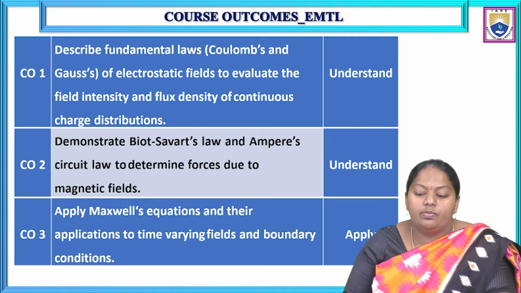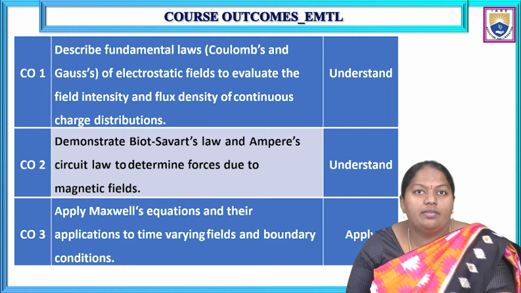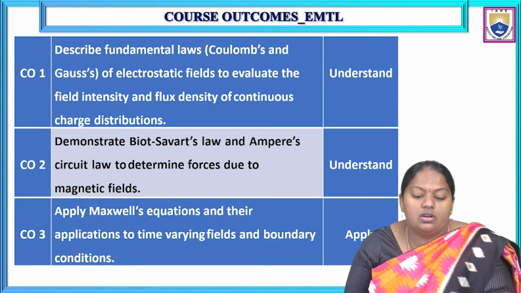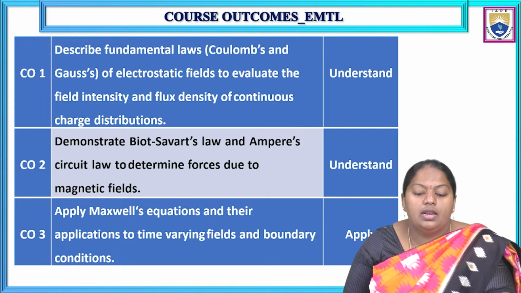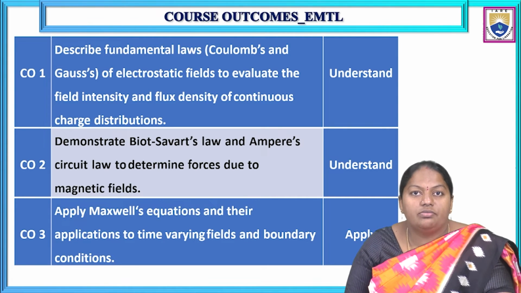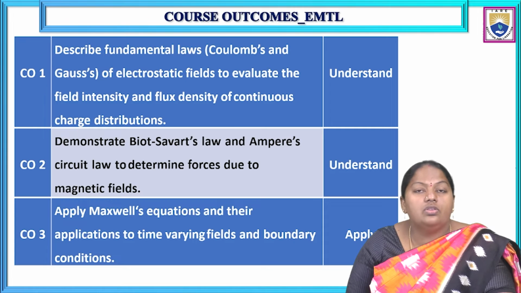This comes under Bloom's understand level, right? So the basic electrostatic field laws, like Coulomb's law and Gauss law, are the basis on which we evaluate electric field intensity and electric flux densities of continuous charge distributions.